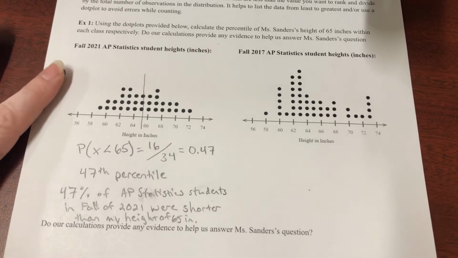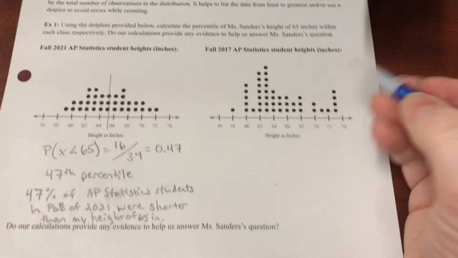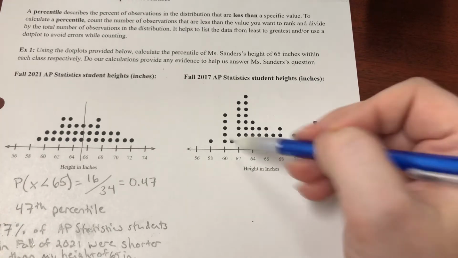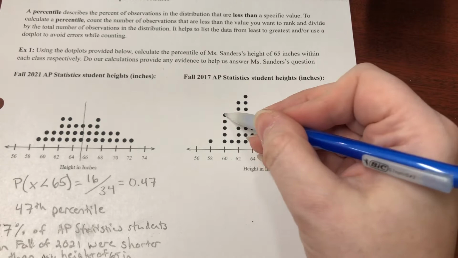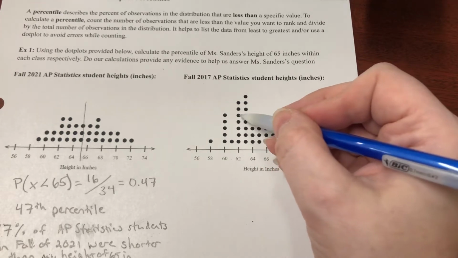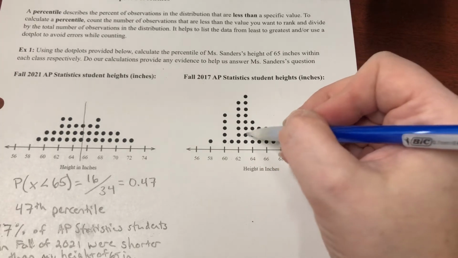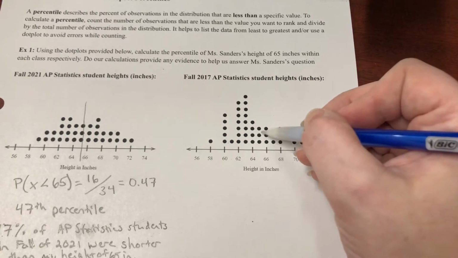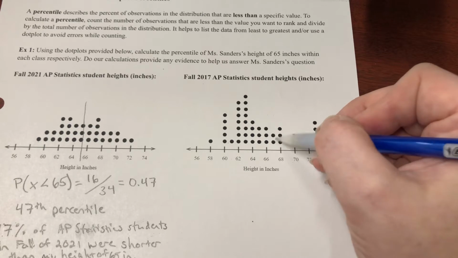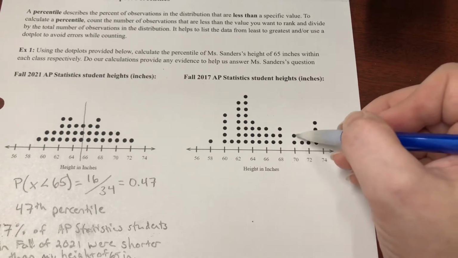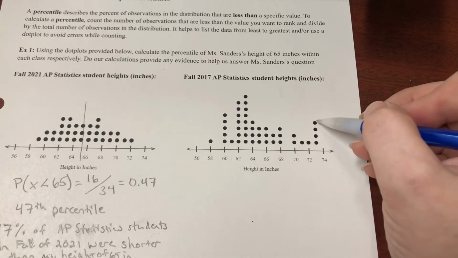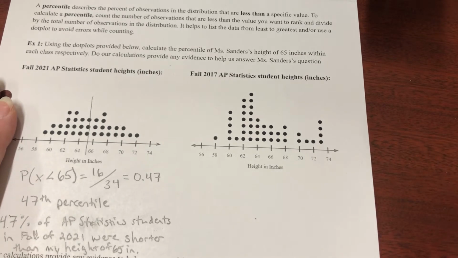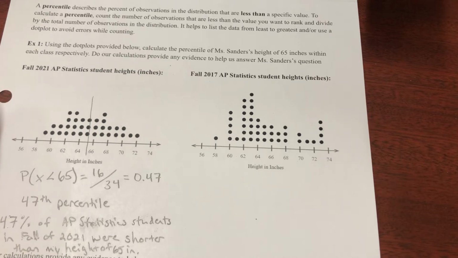Let's take a look at 2017. First, I'm going to count the total because I don't remember exactly how many students I had in that year. Counting up, it looks like I had 45 students in that year.